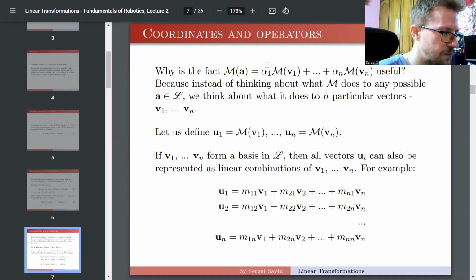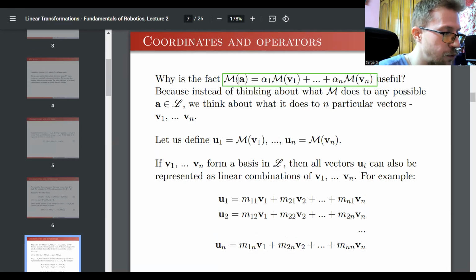Now, as I said, this thing that we just did is useful because, instead of defining M for any possible A, we only define it on V1, V2, Vn. Anastasia says that this looks very similar to what Professor Shilov gave you on differential equations.